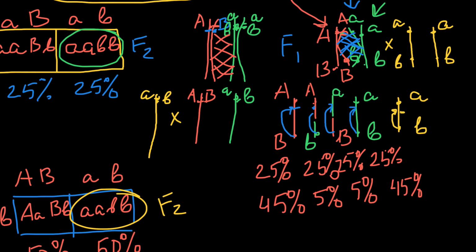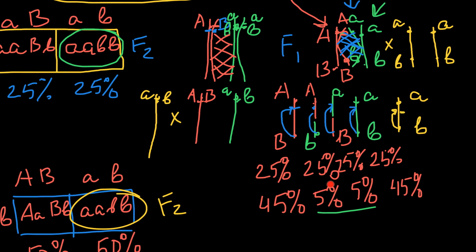That's why, again, 10 map units means that we have 10% of the crossing over. So these 2 new recombinant chromosomes would make 10%.